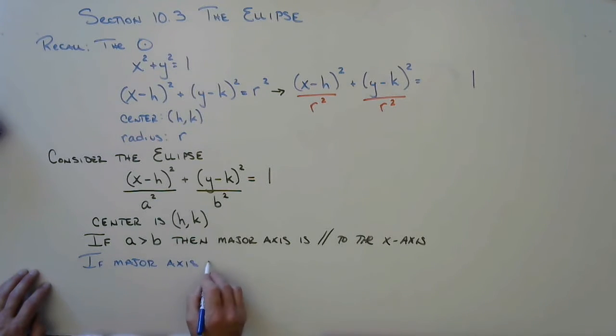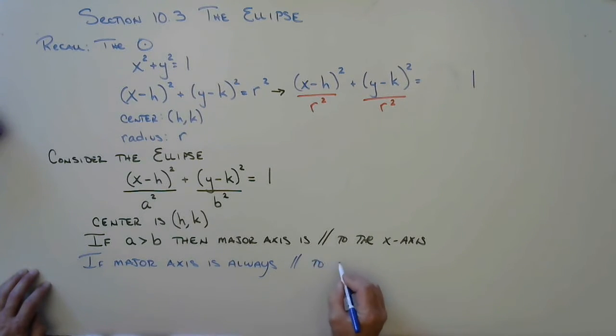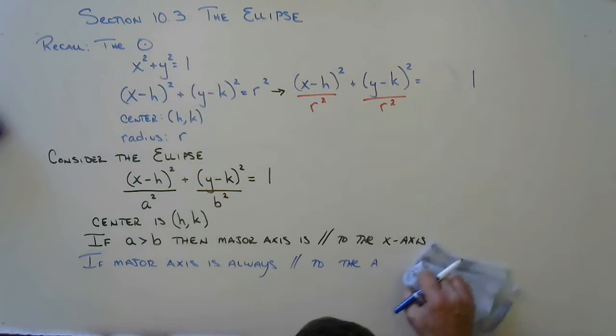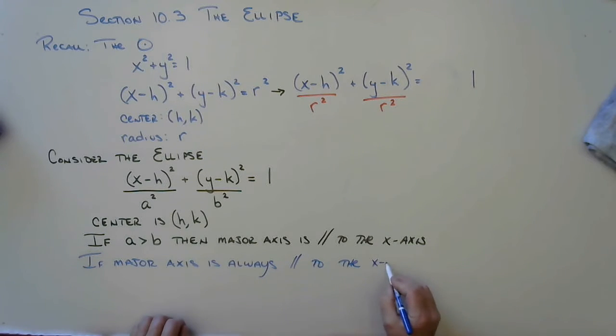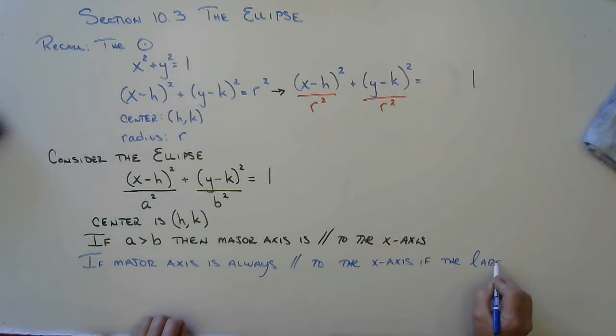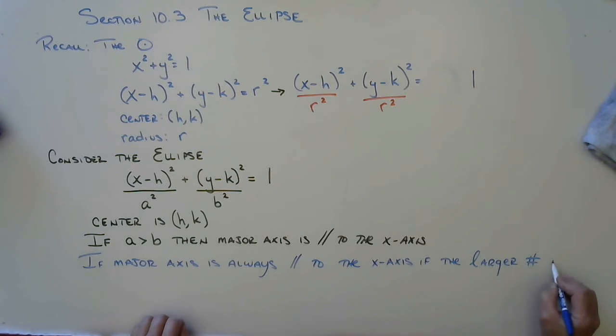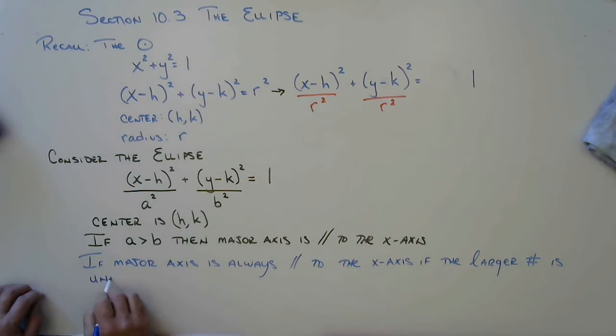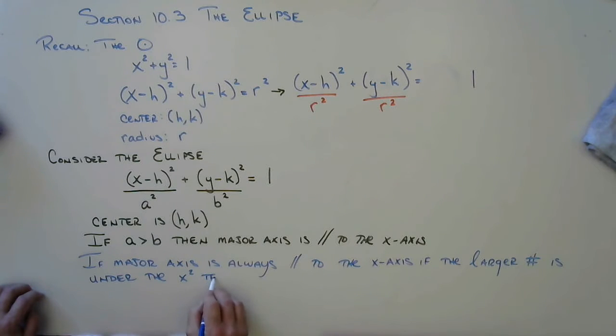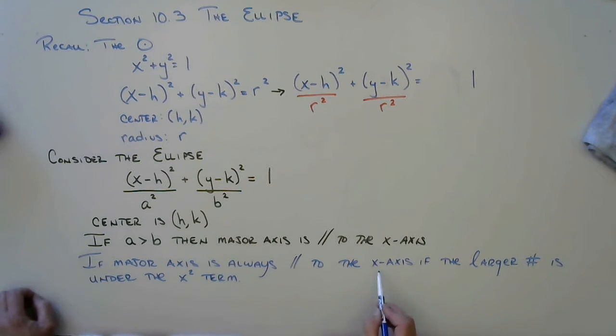The major axis is always parallel to the x-axis if the larger number is under the x squared term.